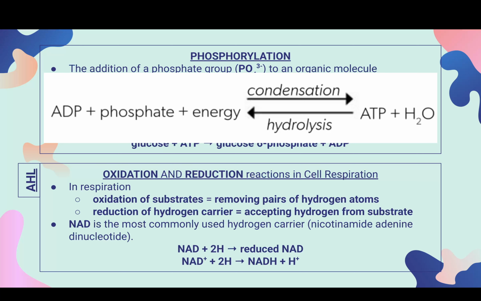Meantime, the HL section. Oh, variables affecting cell respiration. I forgot about that, I did not add it into my slides. But let's see. I'm going to ask the SL kids to answer this. What are the variables that affect cell respiration?